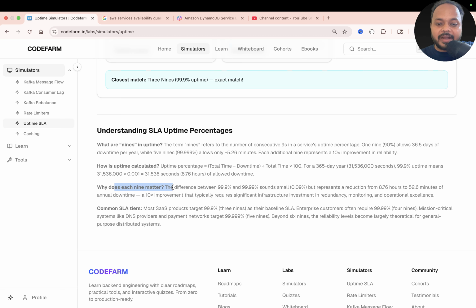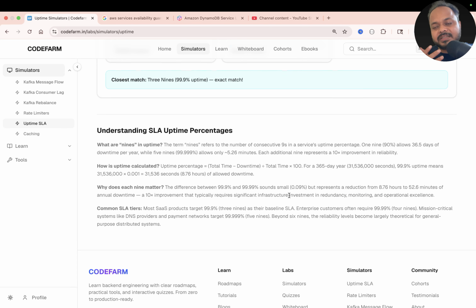Why does each nine matter? The difference between 99.9 and 99.99 is small, 0.09, but it represents a reduction from 8.76 hours to 52.6 minutes. That means a 10x improvement that typically requires significant infrastructure investment in redundancy, monitoring and operational excellence.